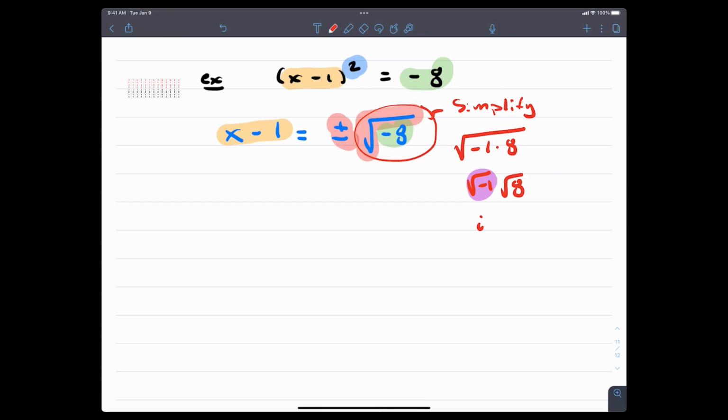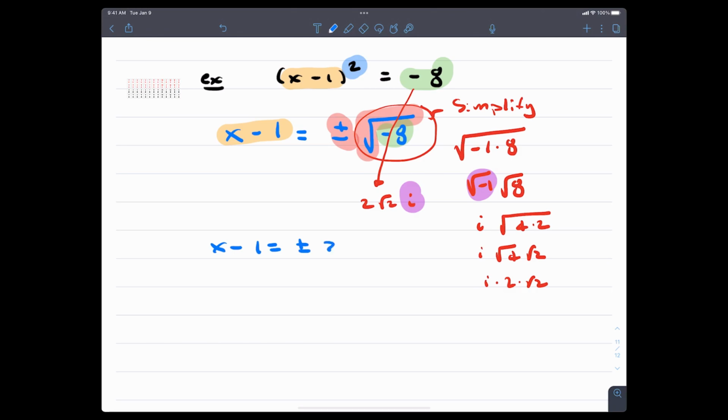And then square root of -8... See all that? So this is really 2 square root of 2 with the i. So what happens now? Okay, now add your 1.